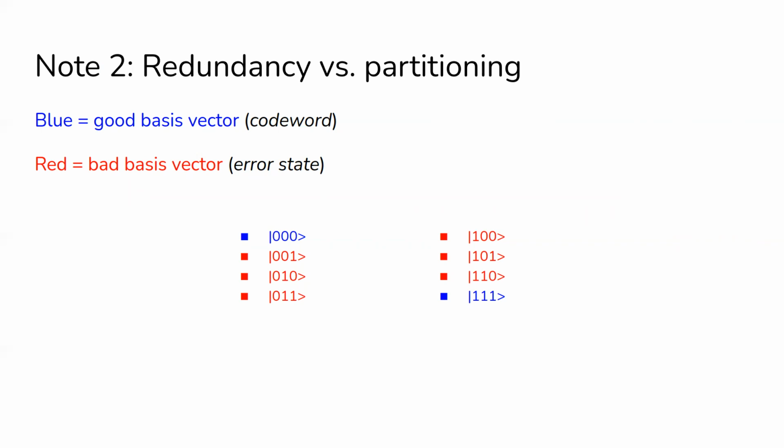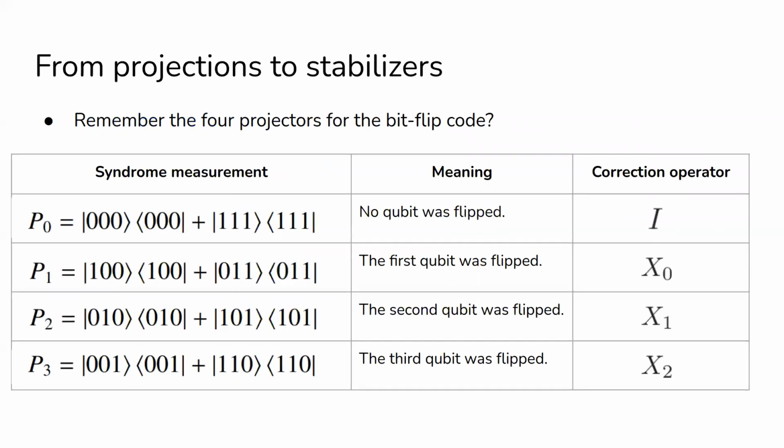Okay, so both are good ways of thinking about error correction. The last thing, and then we'll be done with error correction, is introducing the idea of stabilizers. If you look in the literature and even textbooks, you might see projections at the start, and that's the way I did it here.